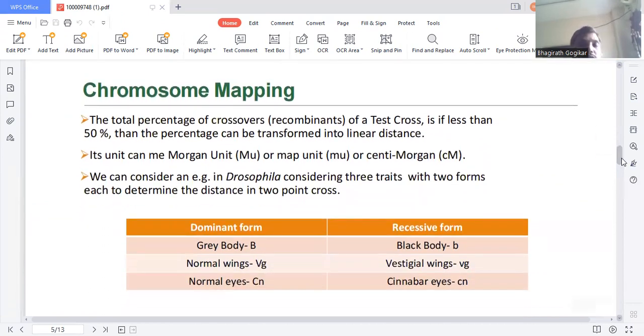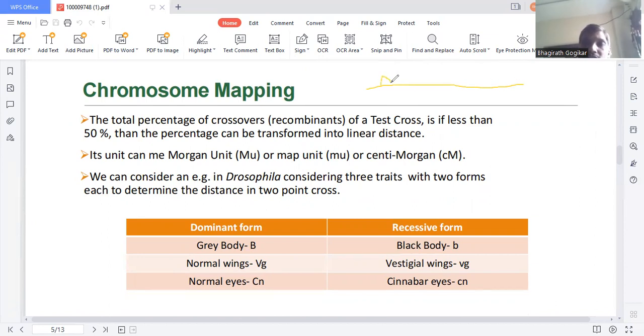Now observe chromosome maps. What is meant by chromosomal maps? Generally, it is the graphical representation of the genes on the chromosome.